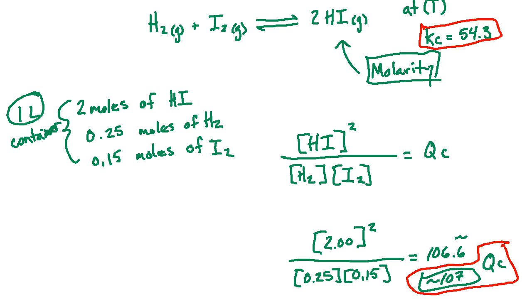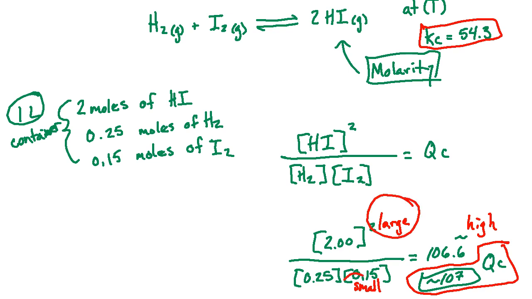So what does that mean if we think about it mathematically? Well, if I look at this equation down here, if this is a high value, right, in comparison to what I was expecting for the equilibrium constant, that means that this is too large, right, and this is small, because the value itself is large.